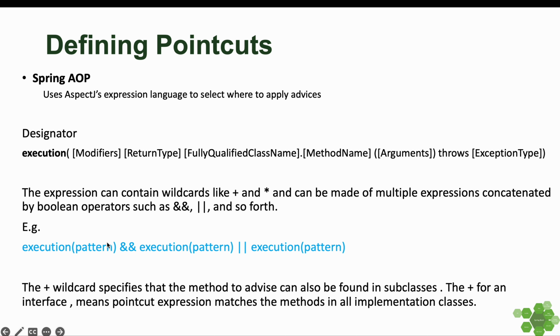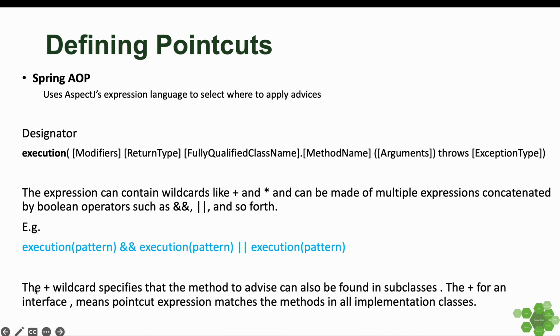So for instance, here we have execution, then a pattern, and execution, then a pattern, just like that. And this pattern is everything that is in here, as you can see.